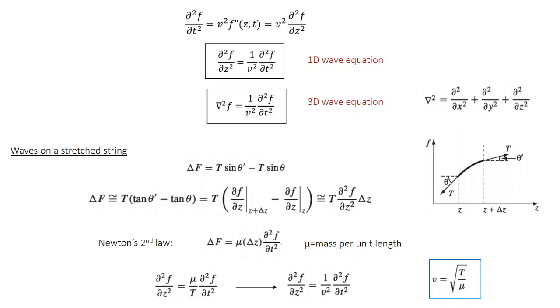If you take propagation of sound waves through a metal, you will get a similar equation where the numerator is related to elasticity of the medium and the denominator is related to density of the medium. So this is a generic form of the equation. In any case, using Newton's second law, we arrive at the same wave equation. So it shows that this equation is general and is valid for any wave motion.